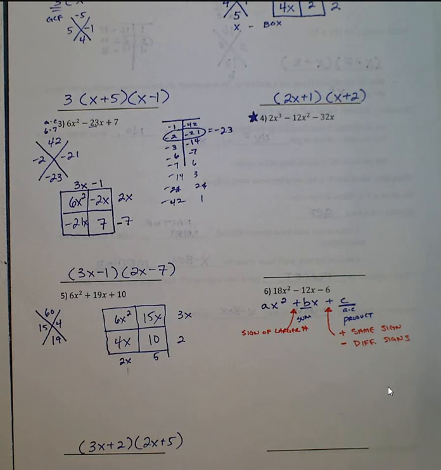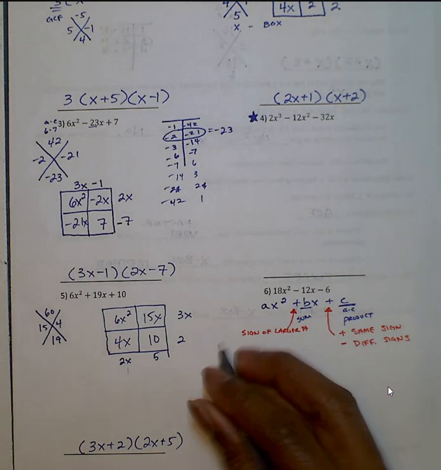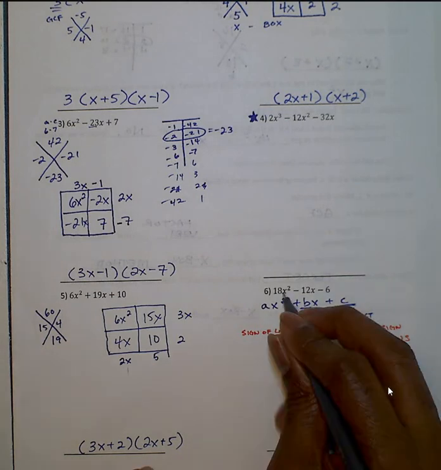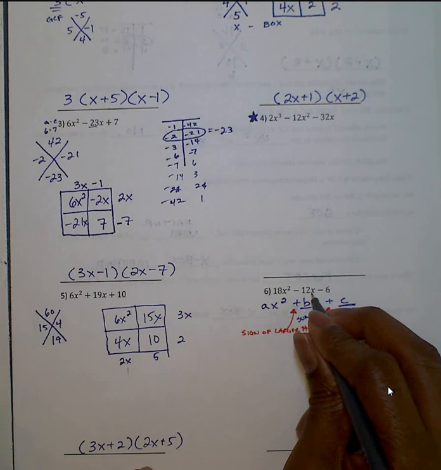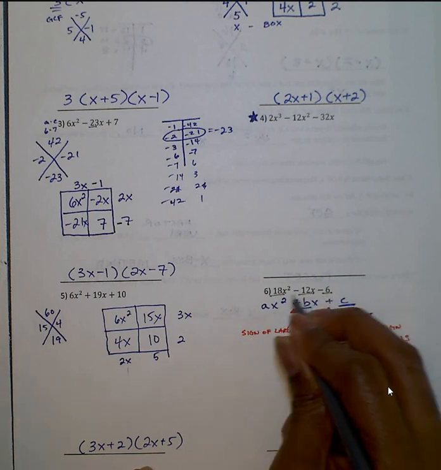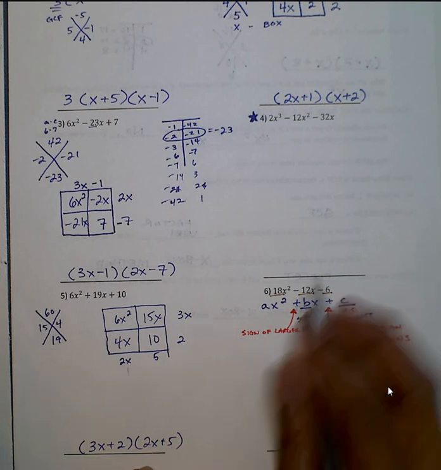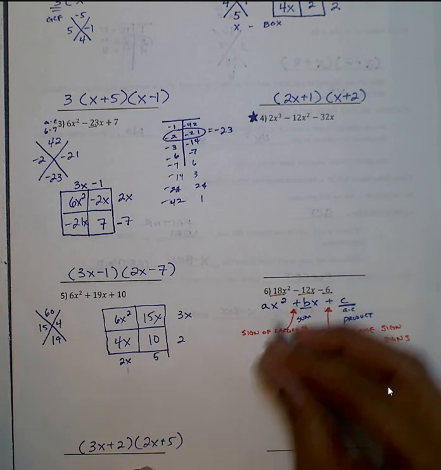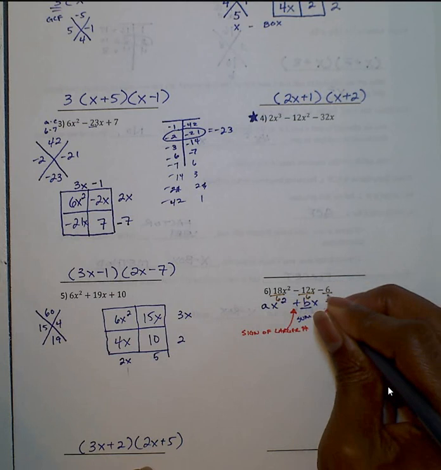Let's do it in a different color so we don't get confused. Okay, so we need to find two numbers that, well, first of all, before we start, 18x squared minus 12x minus 6. I notice that I have a GCF, and that GCF is 6.